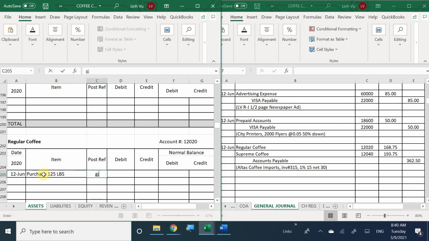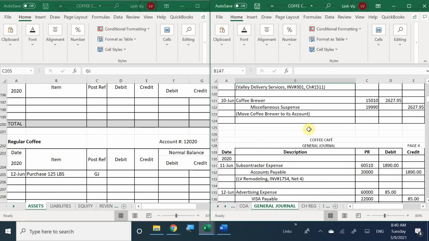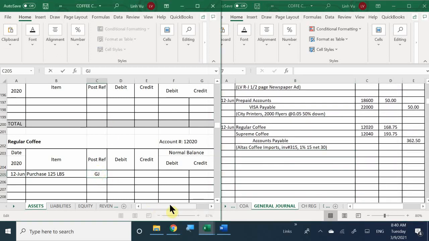Post reference is general journal number, I believe this is 4. Yes, it is. It's general journal number 4. And we're going to debit the account for the 168.75. And because it's the first beginning, we are going to have a debit balance.